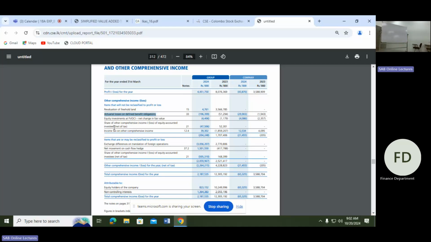If we are getting a harvest for more than one year, we consider it a bearer plant. Otherwise, it's a consumable plant. If it is a consumable plant, we use IAS 41.